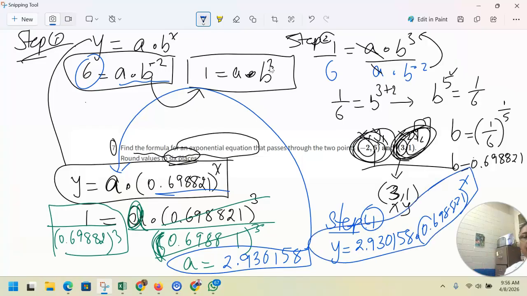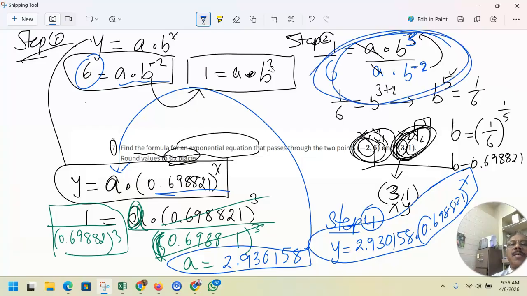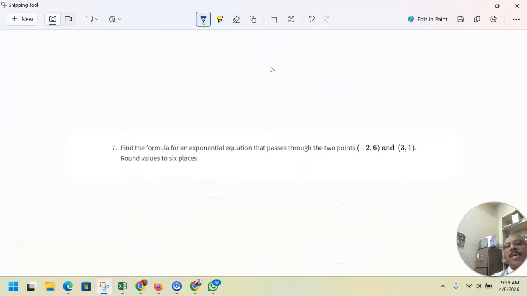I hope you guys got this. But sometimes, like in this example, we got 3 and minus 2. What if you have B raised to 5 divided by B raised to 2?